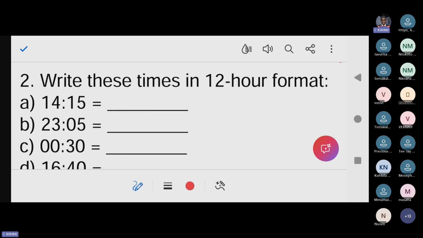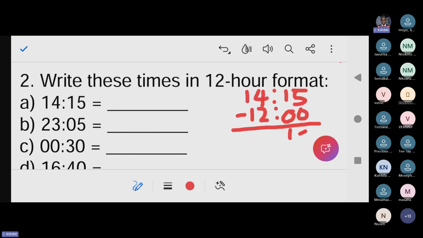You are simply subtracting the time in 24-hour notation. Now it's the reverse, then you subtract the hours past noon. We see that the time there has passed noon by 2 hours 15 minutes.